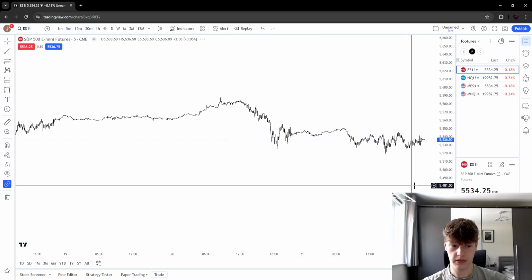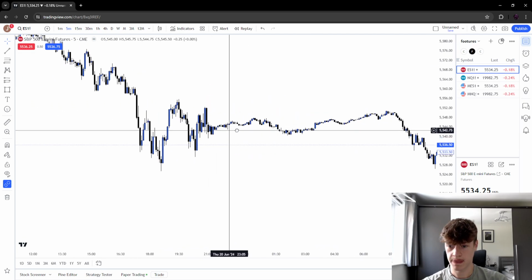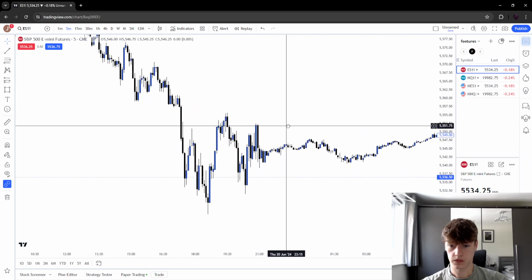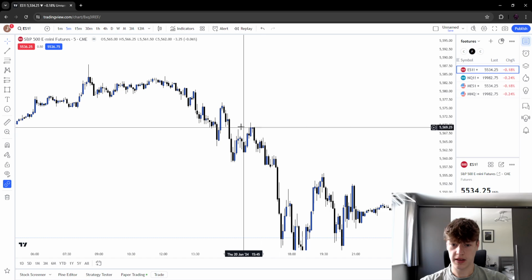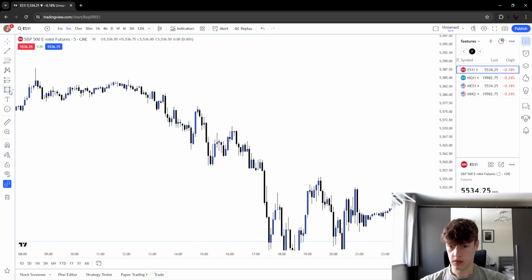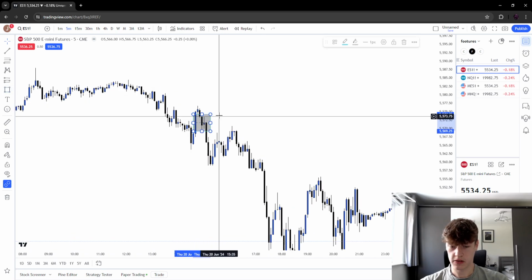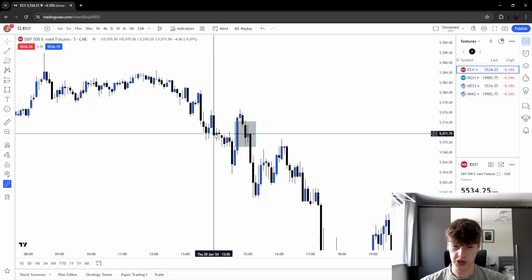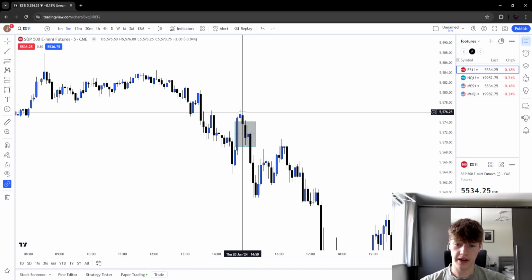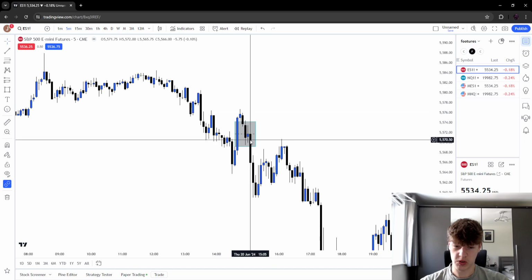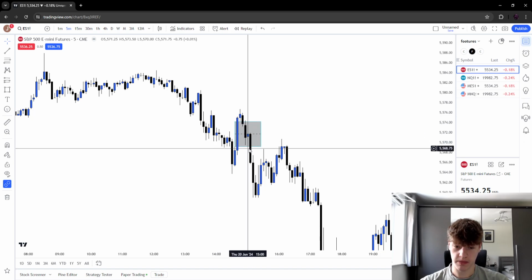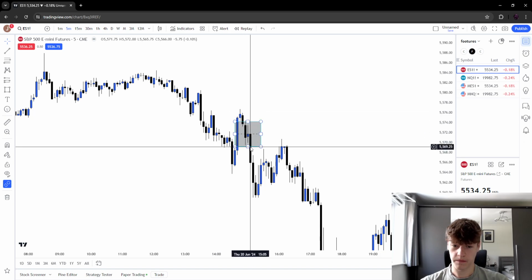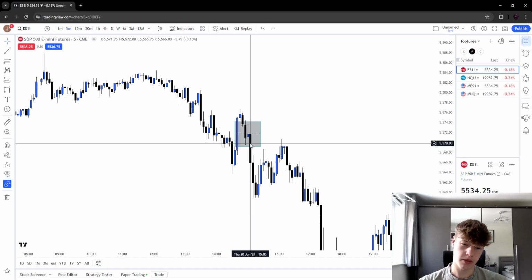Similarly, on the 5-minute, I like to use as an example, here, we see this 5-minute imbalance get invalidated. So that shows us the buying momentum that was there wasn't respected, and we just pushed right through this imbalance. And that has the potential to change our bias or fulfill our bias and enter off of.